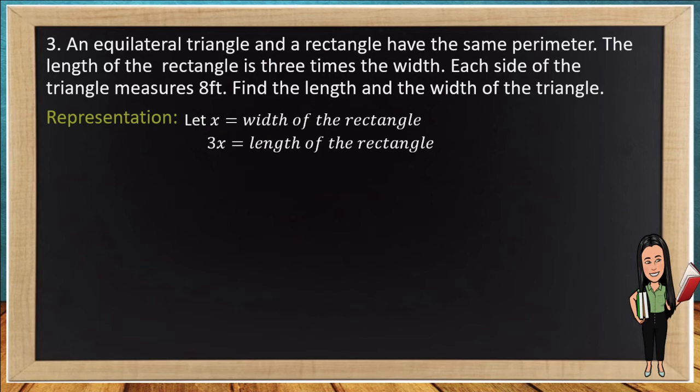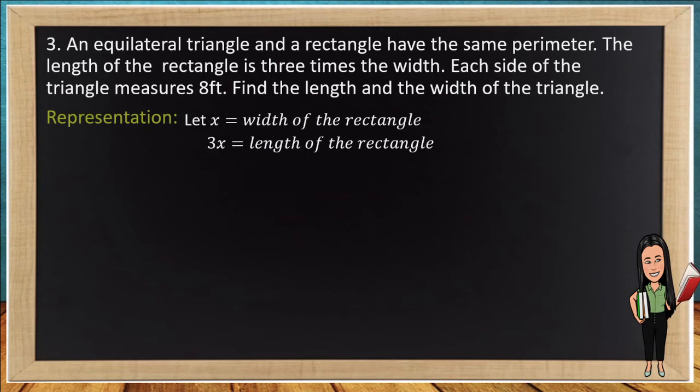According to the question, the triangle is equilateral, which means all of the sides measure 8 feet. And how do we get the perimeter of an equilateral triangle? Yung length ng side mo multiply natin sa 3. Yun ang gagamitin natin, and the concept or the idea that these two figures have the same perimeter.